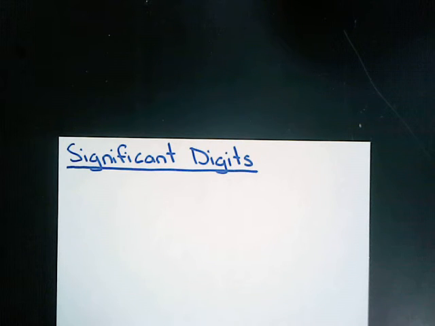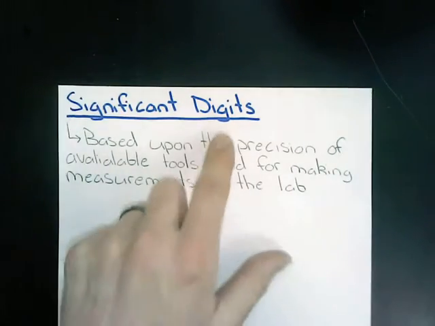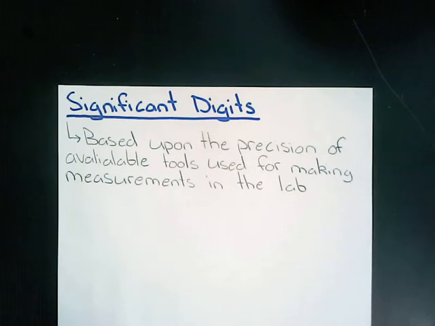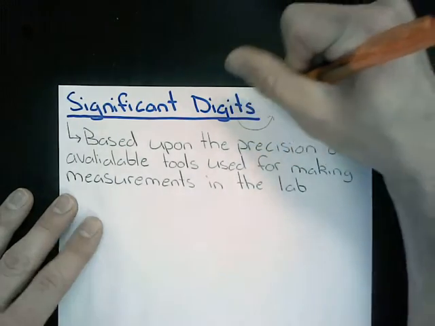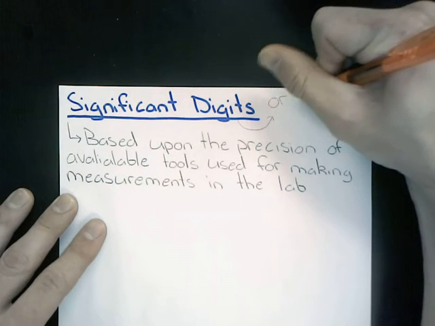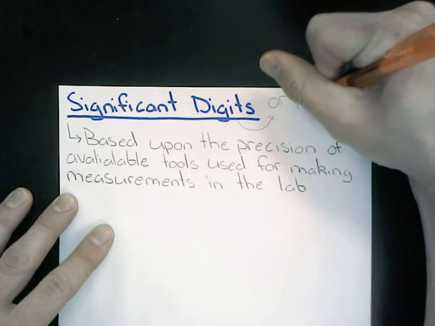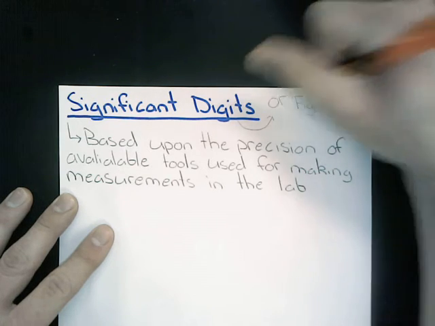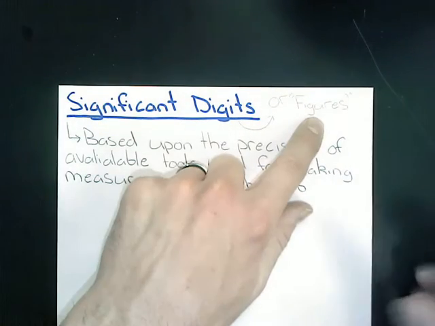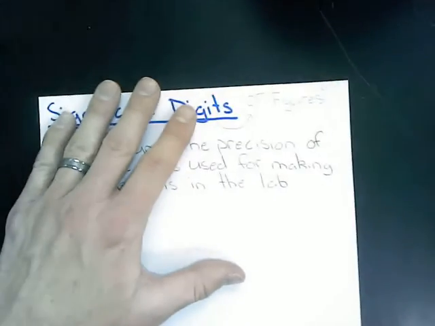Significant digits are based upon the precision of available tools used for making measurements in the lab. I should also note that sometimes instead of significant digits, you'll see the term significant figures. So digits can be replaced by the term figures.